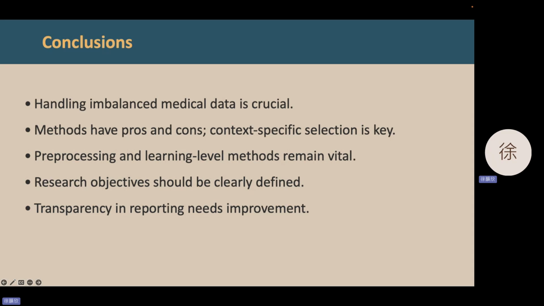So in conclusion, it's evident that handling imbalanced medical data is crucial. While the past decade has seen numerous methods proposed, each comes with its own set of pros and cons. Therefore, selecting the most appropriate method for a specific context is key to success.